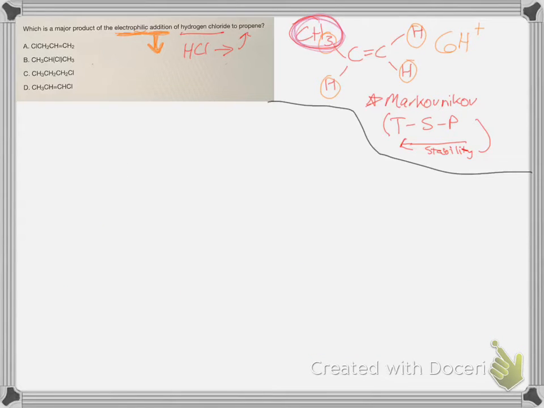So now they're all correct. All of these tertiary, secondary, primary carbocations, chemically speaking, they're correct. But the more correct one, in other words the preferred product, should be the tertiary, because it's the most stable.